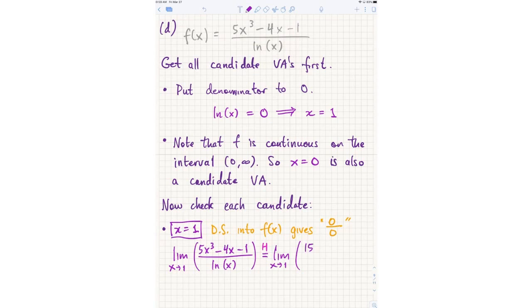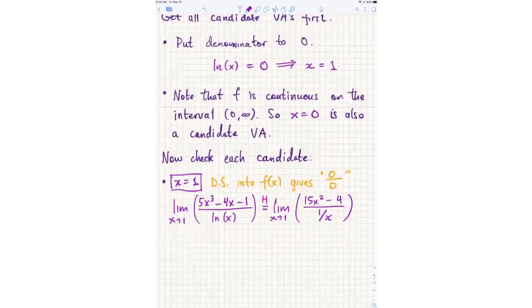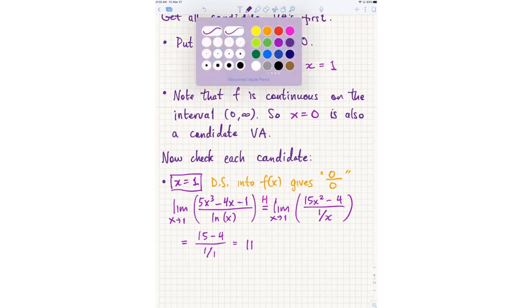So we get 15x squared minus 4 all over 1 over x. Substituting in x equals 1 gives me 15 minus 4 over 1 over 1. So I get 11. In fact, I do not get an infinite limit, so I can already say that this is not a vertical asymptote.